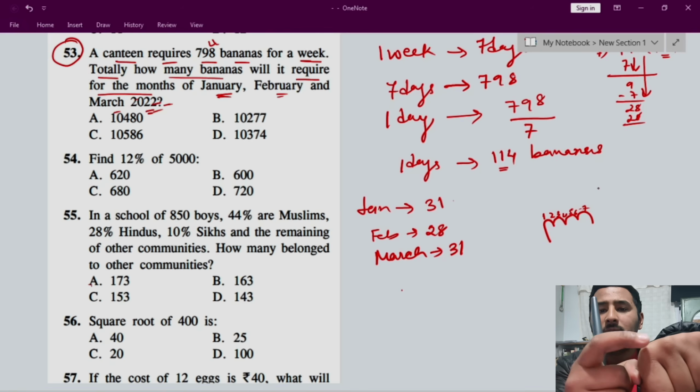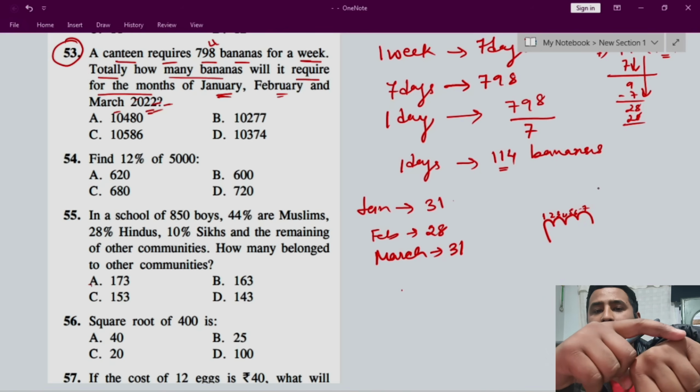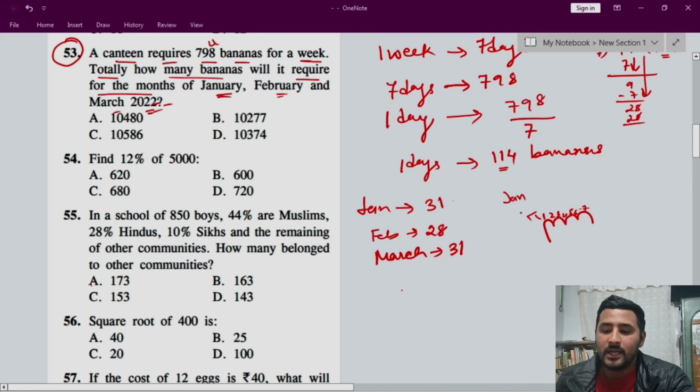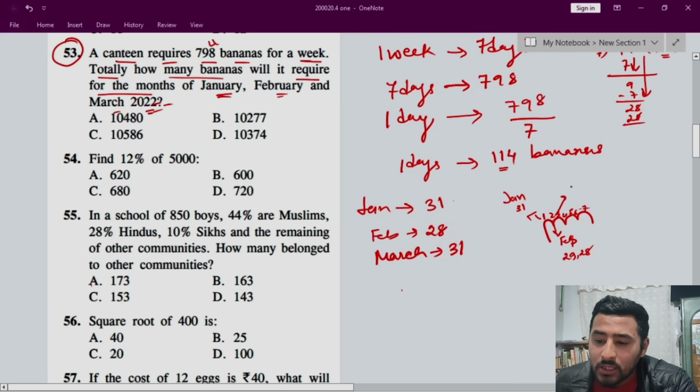That means January, February, March, April, May, June, July. Then again July, August, September, October, November, December. For example, here 1 will be January. The bigger one has 31 days. January has how many days? 31 days. This smaller one is February. This will depend, like I said, on whether it is a leap year, 29 or 28 days. Then again, the bigger one will be March. This will have 31 days.